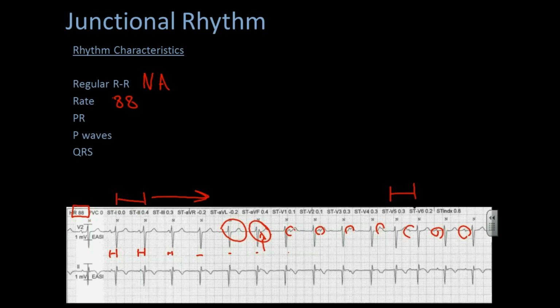So you can actually see the AV node outpacing the SA node, and then it comes back out of it, out here. So there's this competition between the SA node and the AV node. So the PR is variable in this strip.